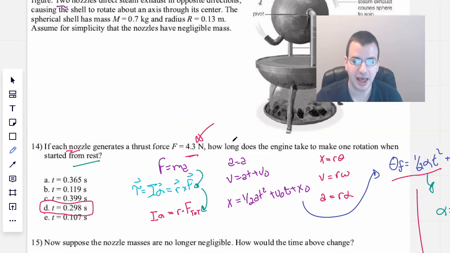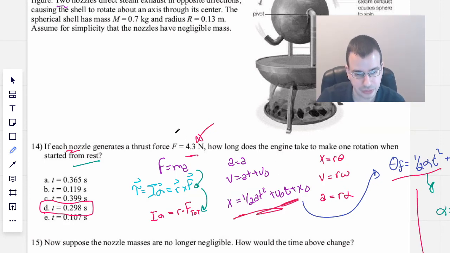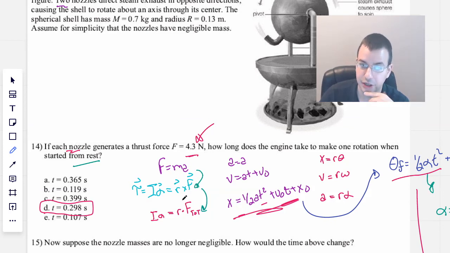And when you hear time, how long does it take to go this distance, you should immediately think kinematic equations. So I would write up force equals ma, then write up my kinematic equation. I'd then write the angular equivalents of these: torque equals moment of inertia times alpha, where I is sort of like mass and angular acceleration is like linear acceleration, and that also equals r cross F.